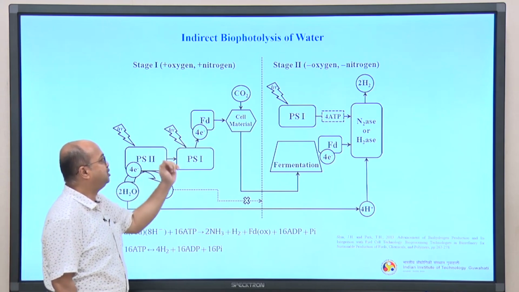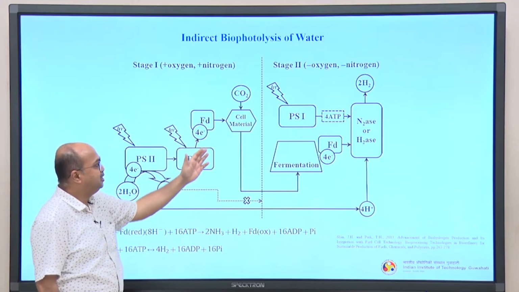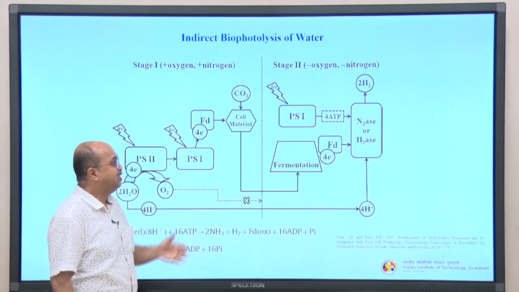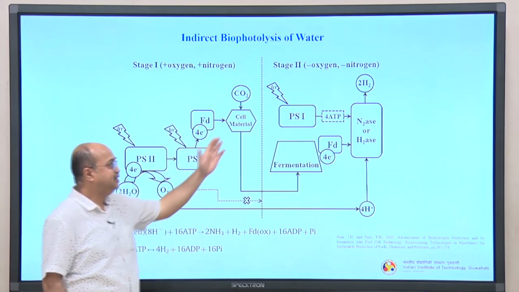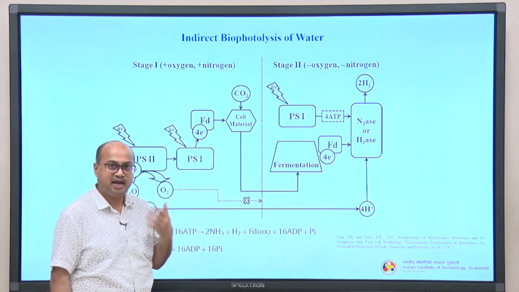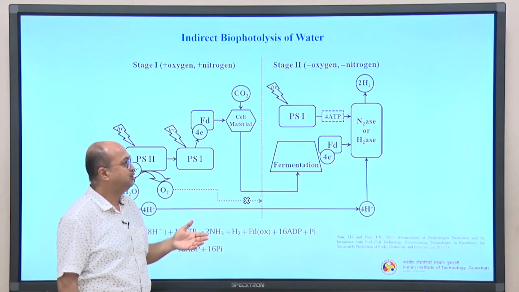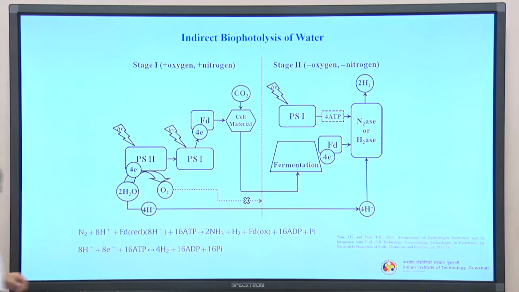Then with the help of ferredoxin and hydrogenase, the cell material is getting converted, then it goes to the anaerobic process where fermentation is happening. And again in PS1, whatever ATP is getting generated is being used by the nitrogenase as well as the hydrogenase enzymes, with the help of ferredoxin, to convert this biomass into hydrogen and of course other products in small amounts.